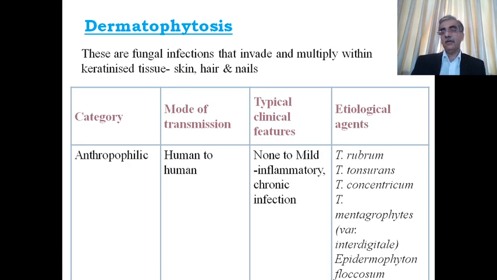And the causative fungi responsible for anthropophilic fungal infection are Trichophyton rubrum, Trichophyton tonsurans, Trichophyton concentricum, Trichophyton mentagrophytes variety interdigitale, and Epidermophyton floccosum. These are the common dermatophytic genera responsible for anthropophilic fungal infection.